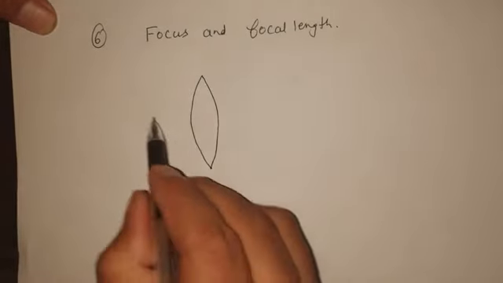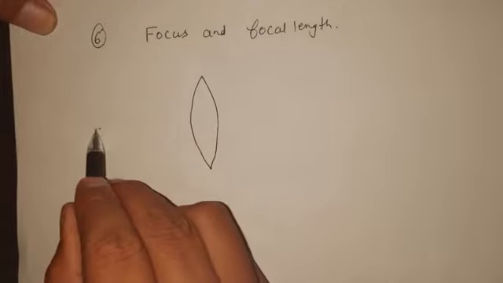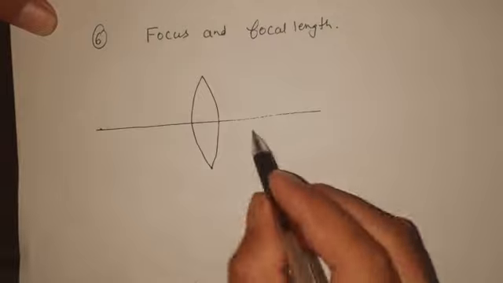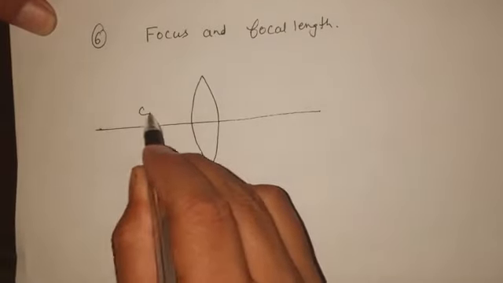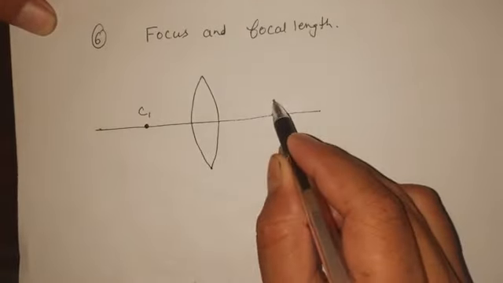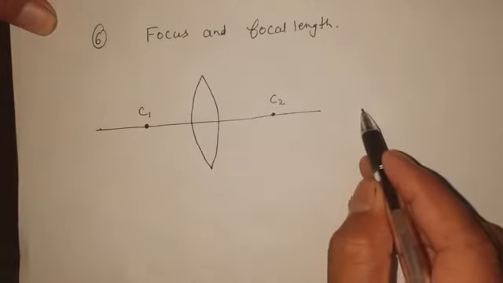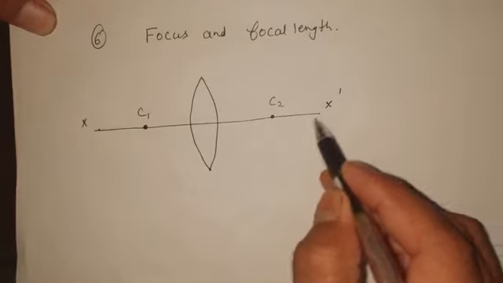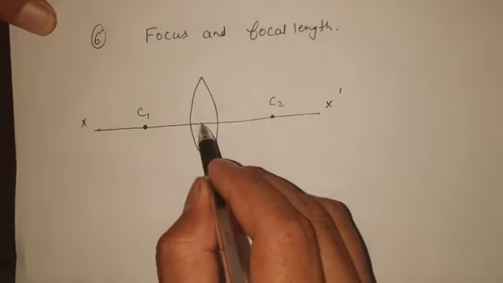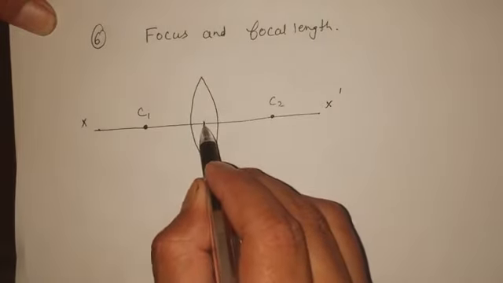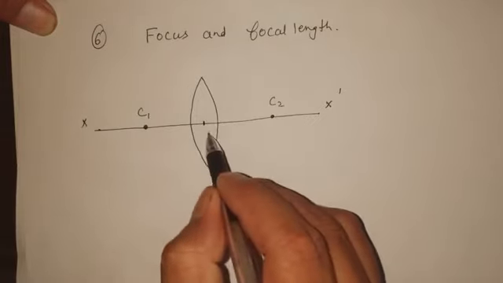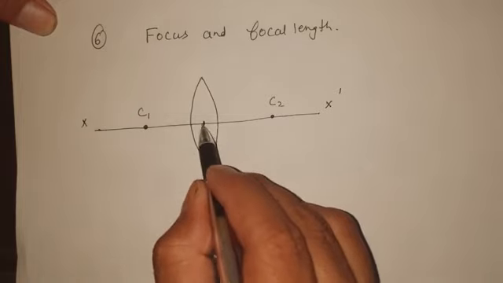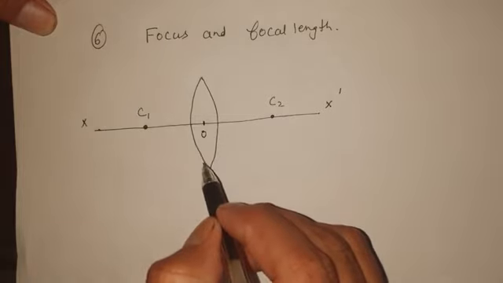So what is focus? The point on the principal axis where the parallel rays, after refraction from the lens, meet each other.